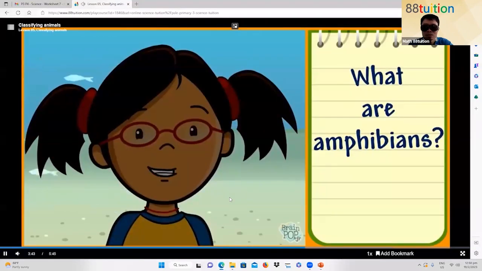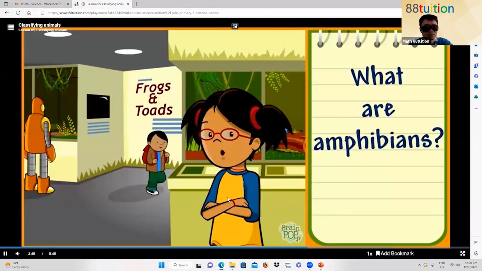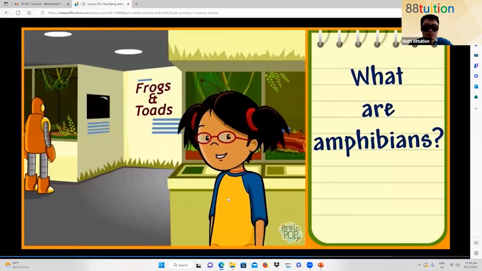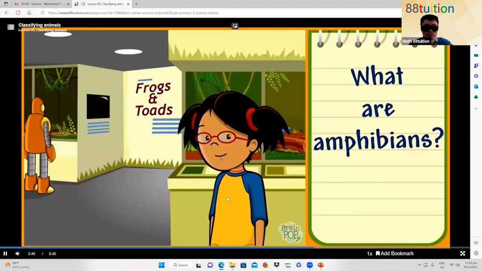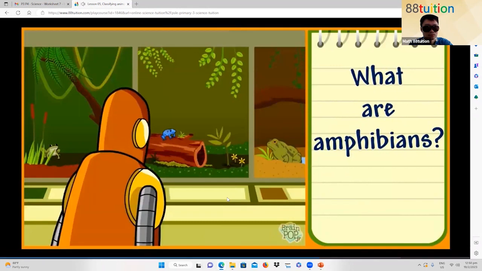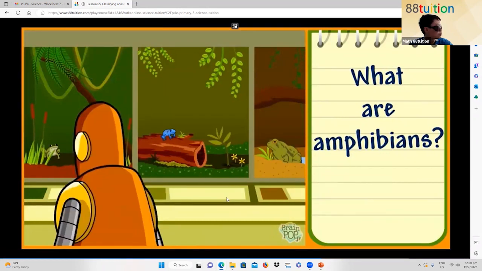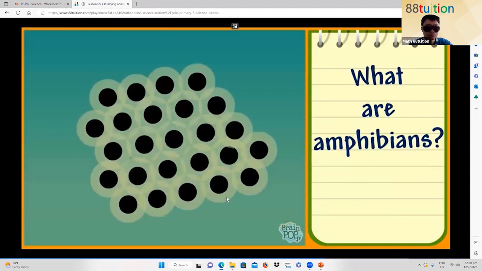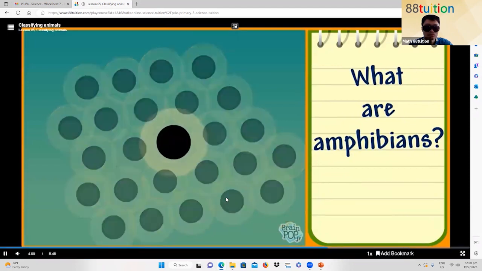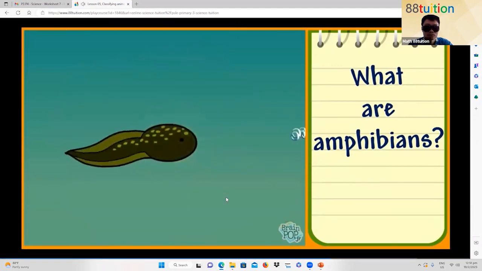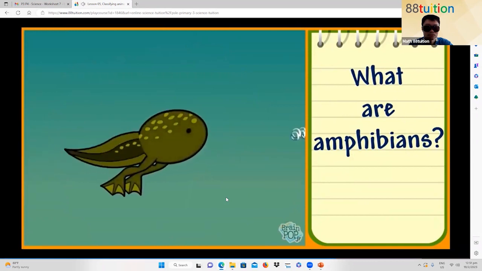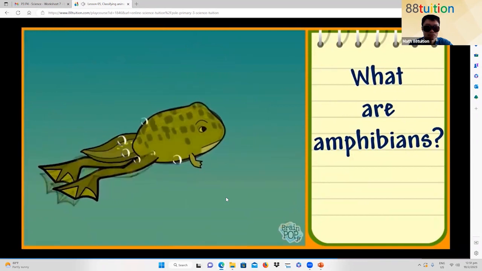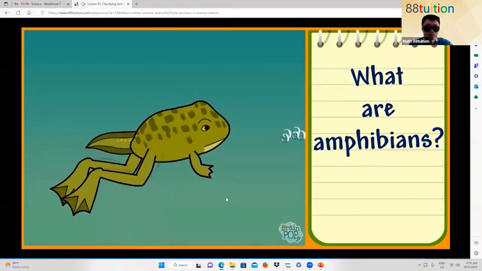Okay, now let's look at the other one, amphibians. Amphibians are animals that have adapted to live on water and land. Frogs are amphibians. They hatch from tiny, soft eggs in the water. When they're tadpoles, they breathe through gills and live underwater. As they get older, most frogs grow lungs to help them breathe on land.